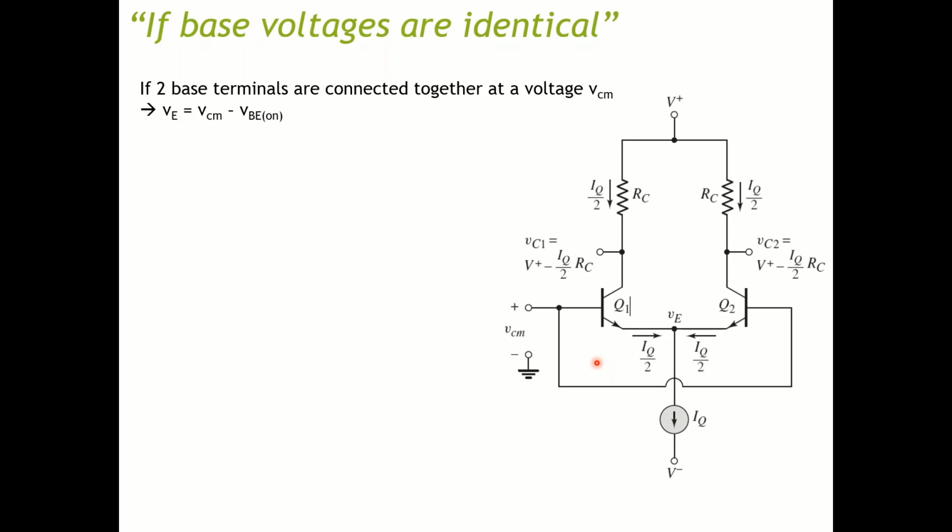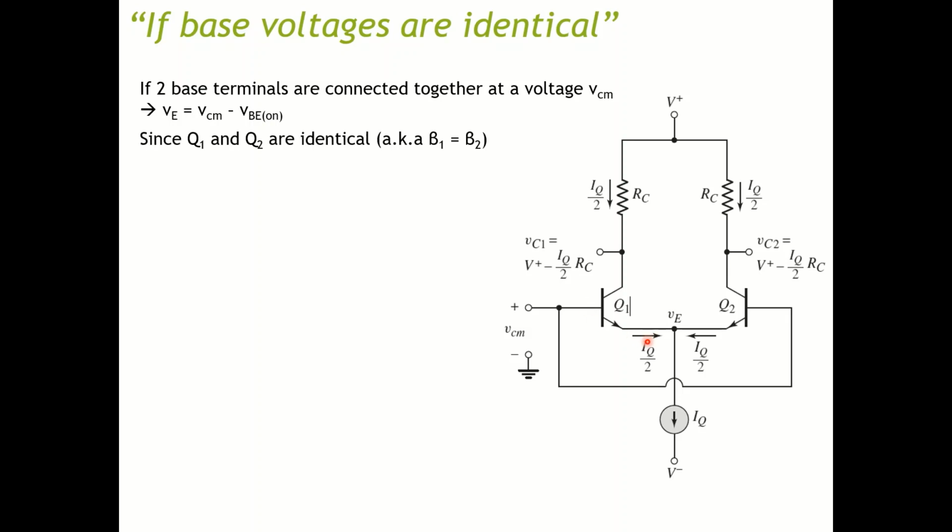If VB1 and VB2 are identical, VB1 equals VB2 equals VB, and it's equal to VCM. So now this VE will be VCM, which is the base voltage, minus VB on, which is 0.7 for most cases.